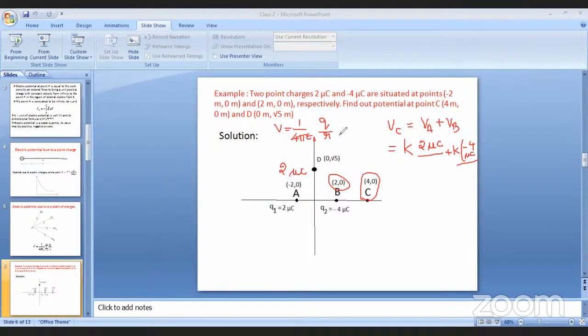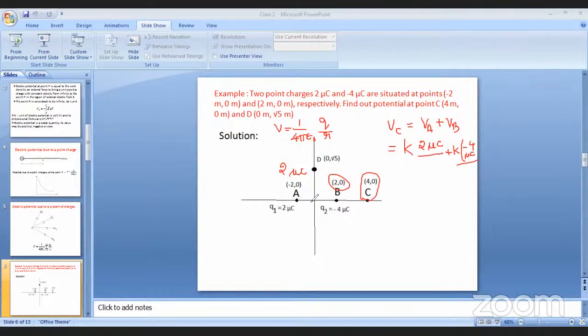Can anyone tell me? Students, can anyone tell me the distance between this point C and point A?